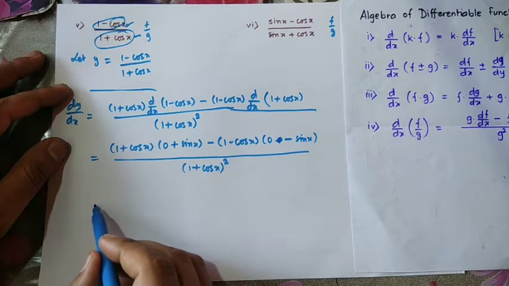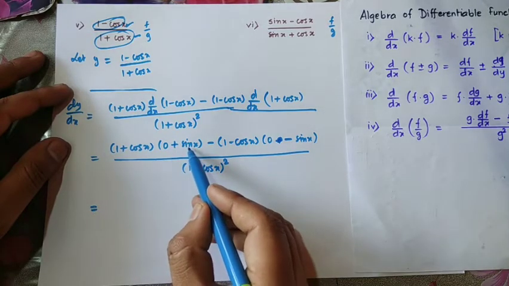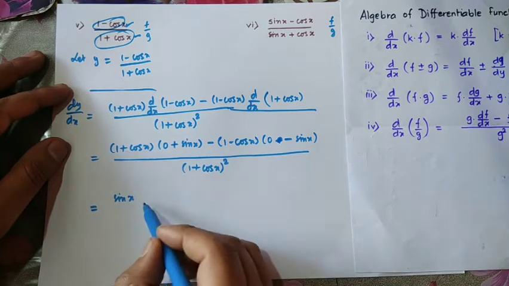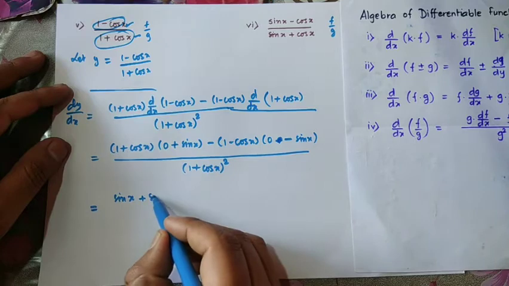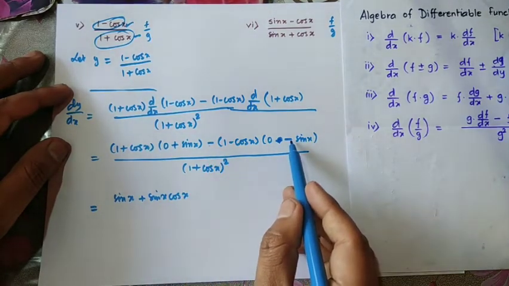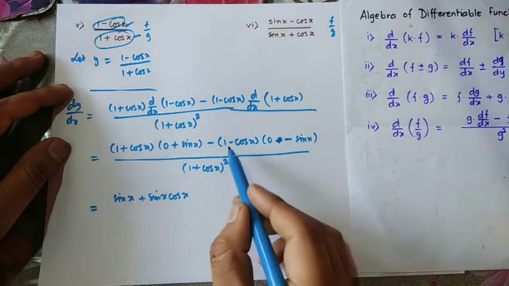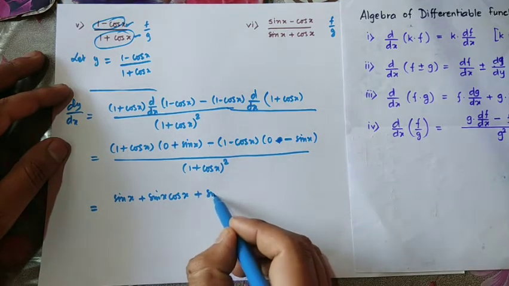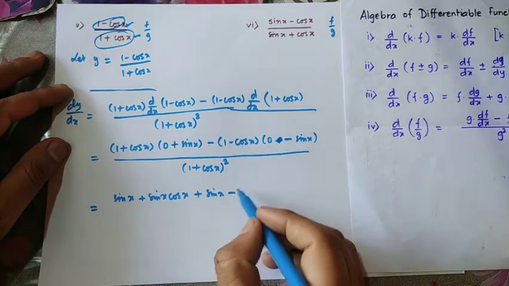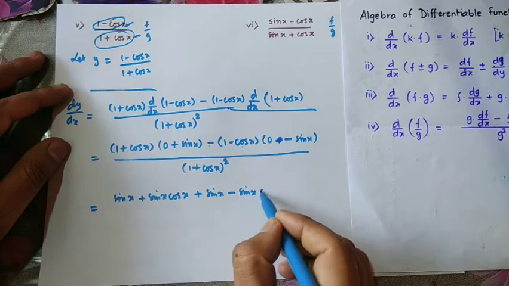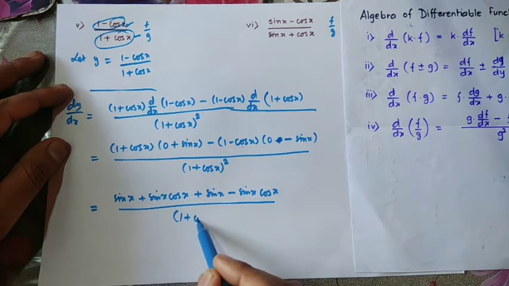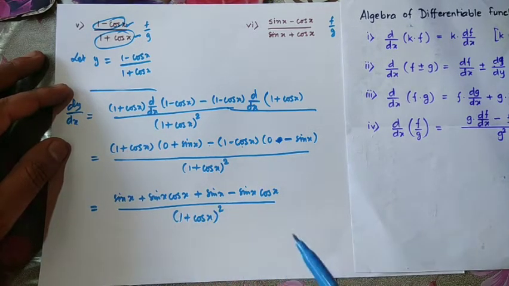Now let us simplify this. 0 plus sin x is sin x. So sin x into 1 is sin x, plus sin x into cos x is sin x cos x. The minus into minus becomes plus, so sin x into 1 is sin x, and we have a minus sign here, so sin x into cos x is sin x cos x, whole divided by 1 plus cos x whole squared.